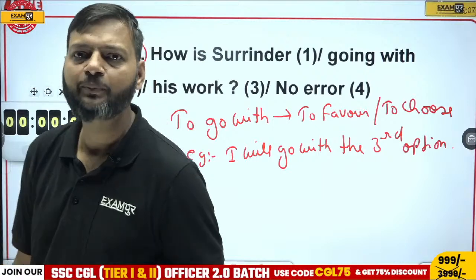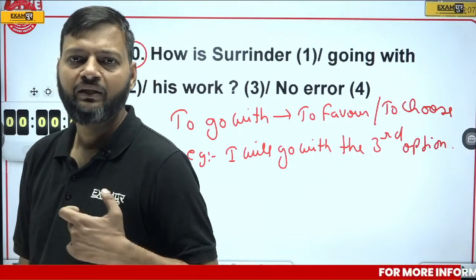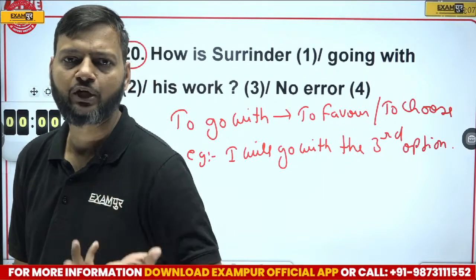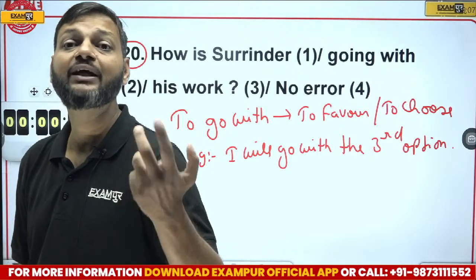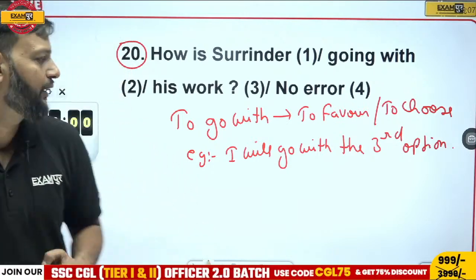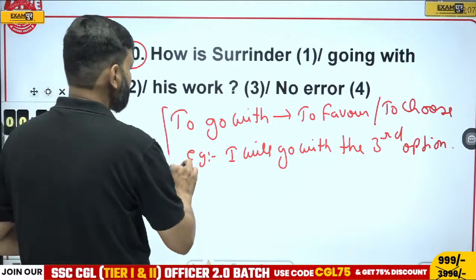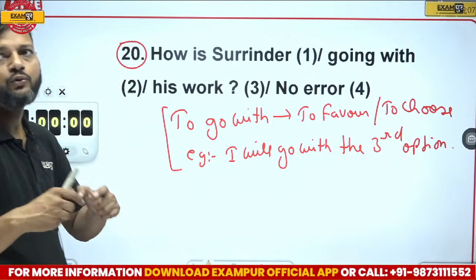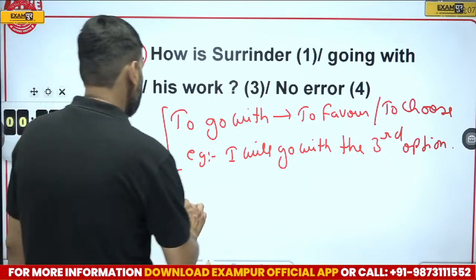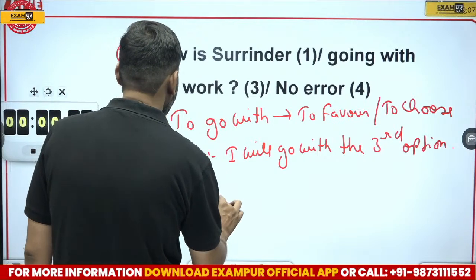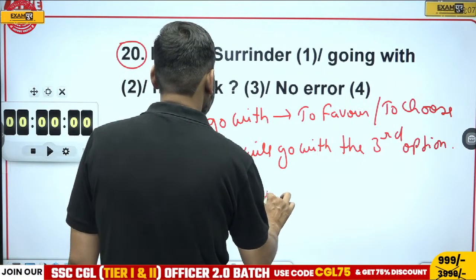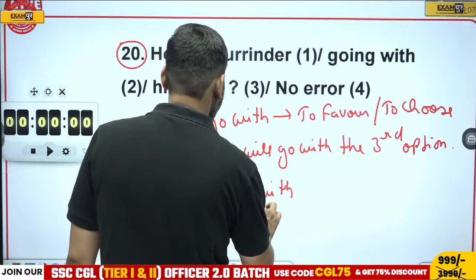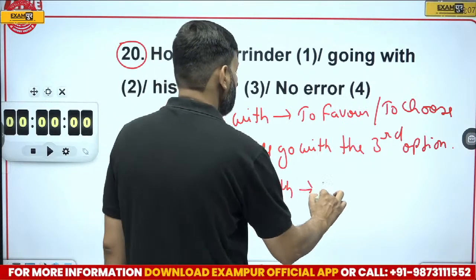I'll go with the third option means that I'm choosing the third option, I'm favoring the third option. So to go with means to favor or to choose, and to go on with means to continue.